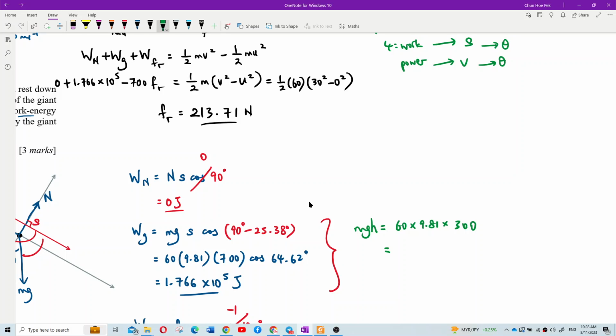See that, class? It's also 1.766, exponent 5. You still get the same answer, class.